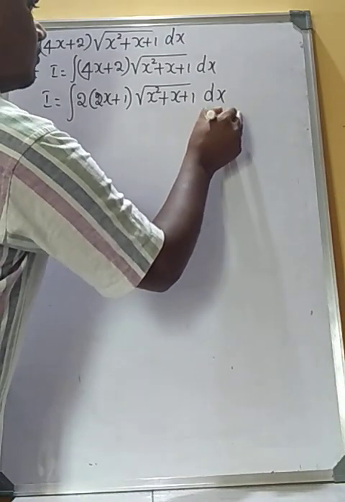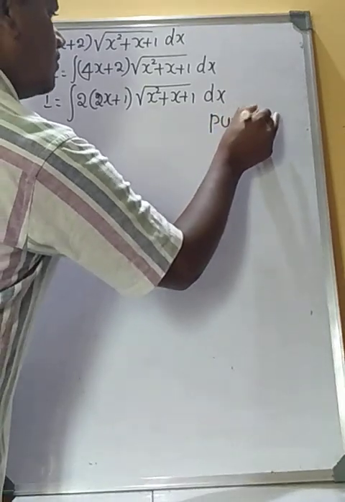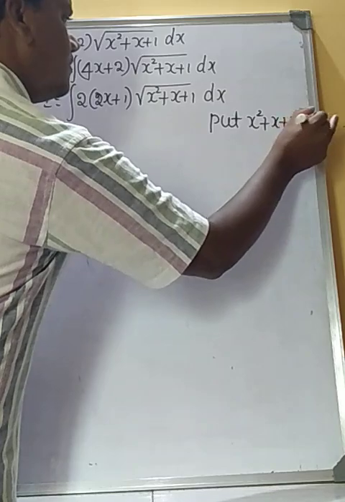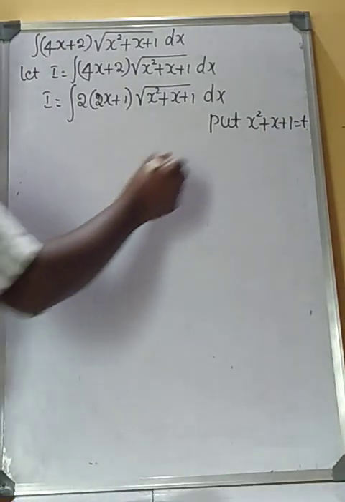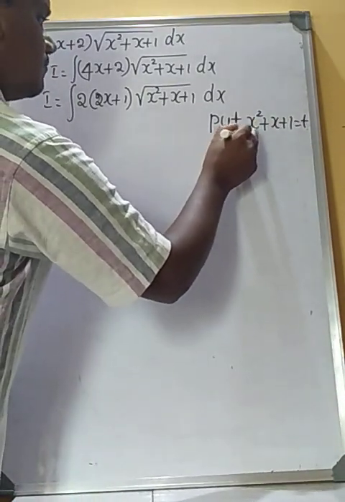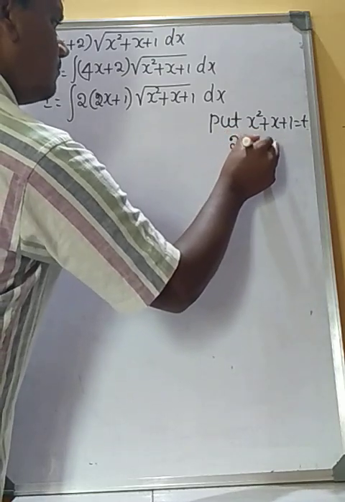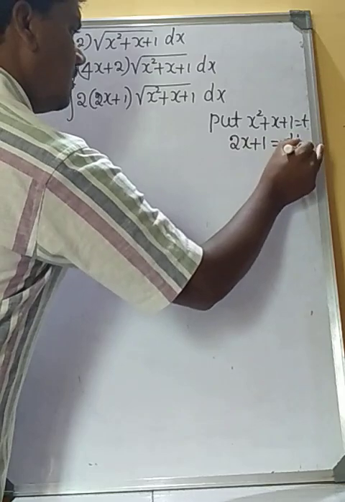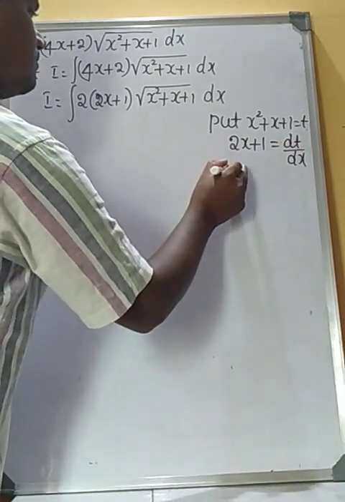So now put x square plus x plus 1 equal to t. Differentiate with respect to x: 2x plus 1 plus 0 is equal to dt by dx.